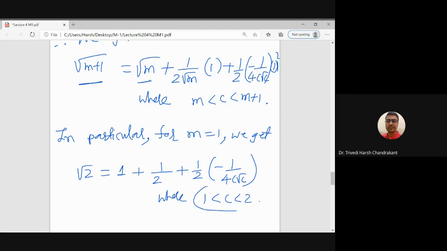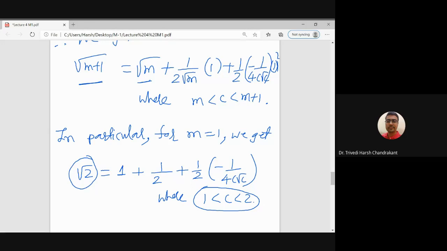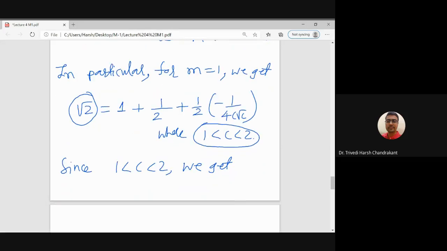Now, if we use the fact that c is between 1 and 2, then we can estimate the value of the function. That is what we want to do now. So since 1 is less than c less than 2, what we get is 1 is less than c root c, which is less than 2 root 2, right?